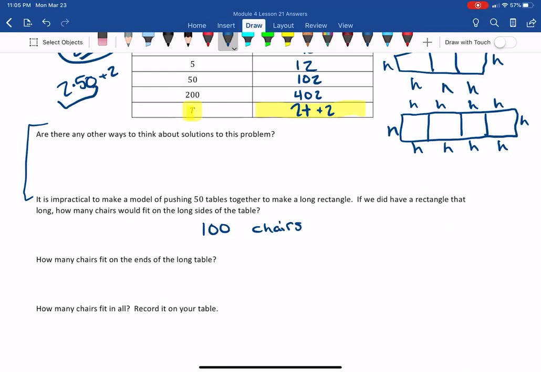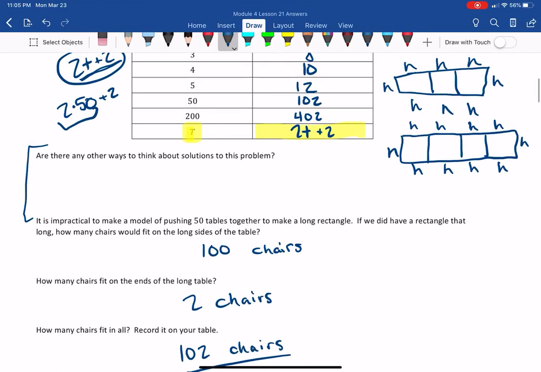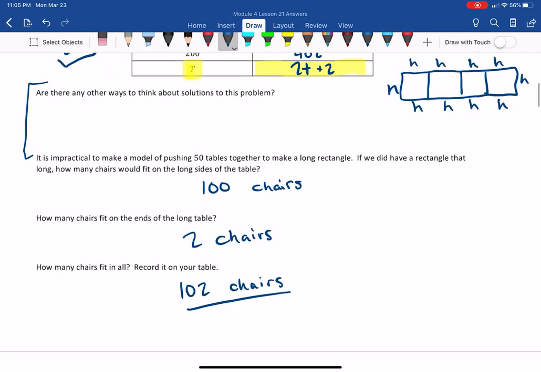But then you have to think about how many people can fit on the end, right? Remember, there's 1 person on each end, so there would be 2 chairs on the ends, which comes up to 102 chairs. Exactly what we just said right here in the table. Okay, we worked a little bit ahead.